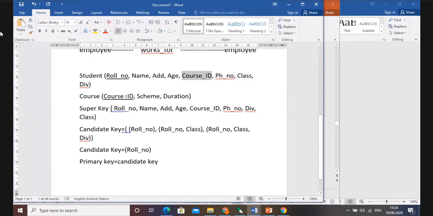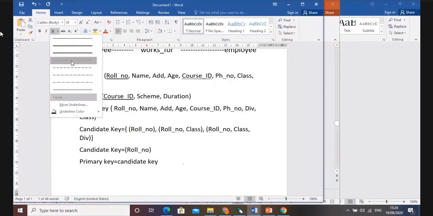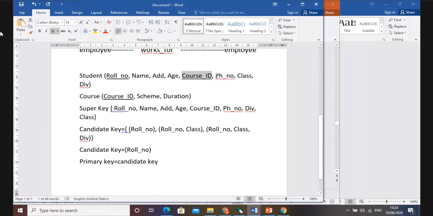So this primary key I will add in the student table, and that is known as a foreign key. It is represented with a dotted underline.